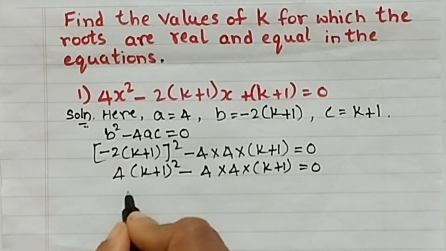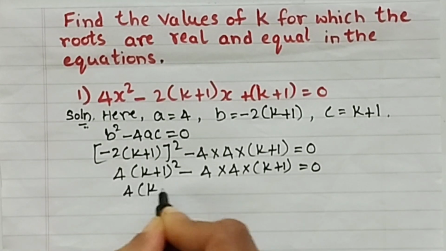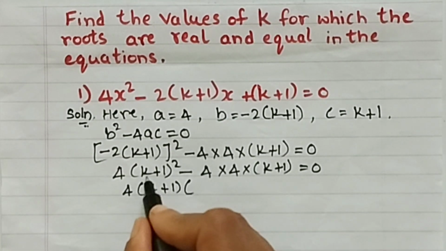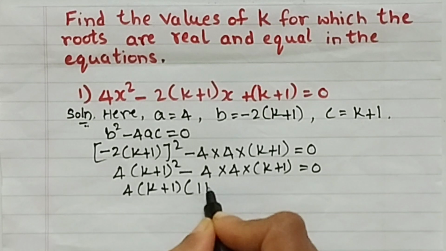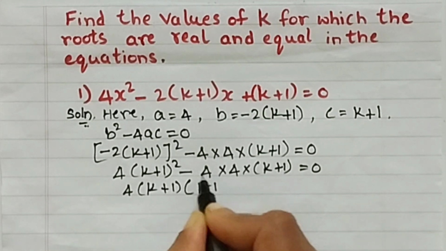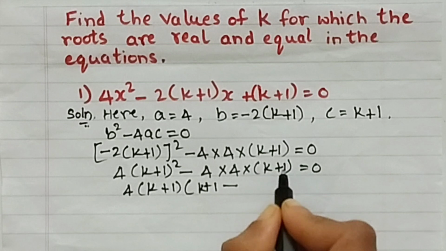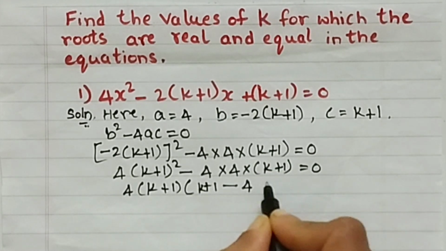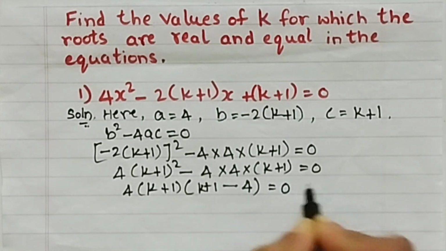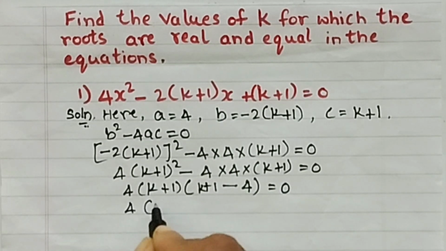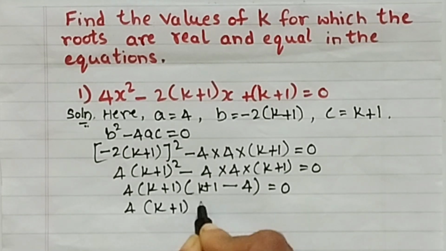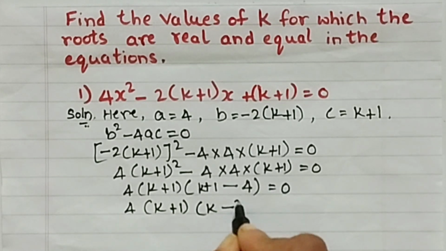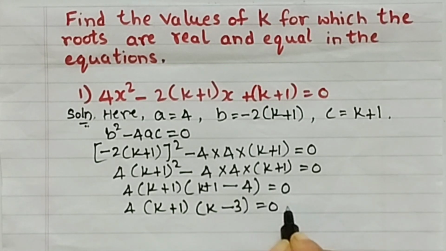You can take that out. 4(k+1), write in bracket, left out it is k plus 1 here, minus 4(k+1) has taken out, left out here 4, is equal to 0. 4(k+1), k plus 1 minus 4 is minus 3, is equal to 0.